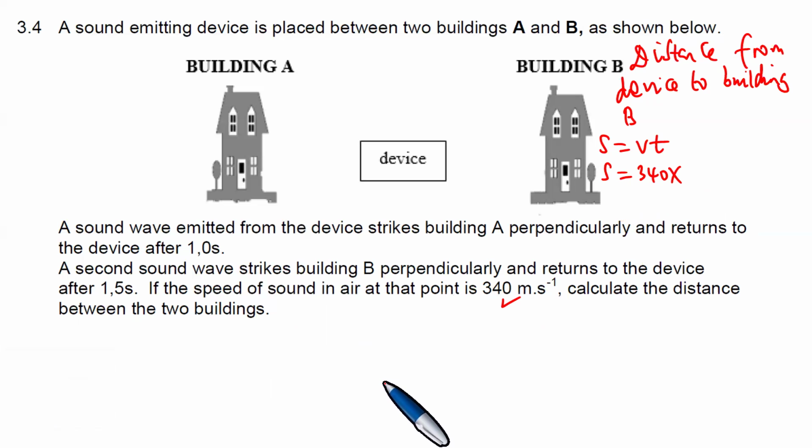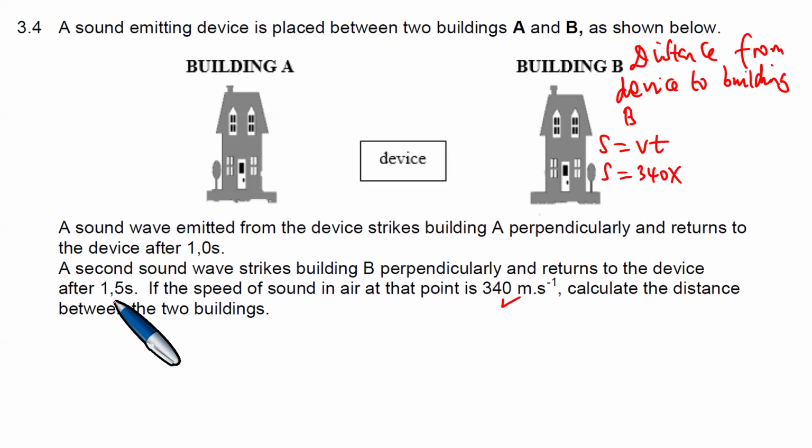So obviously we have a couple of times here, and we need to take note of that. Because a second sound wave now strikes building B perpendicular and returns to the device after 1,5 seconds.